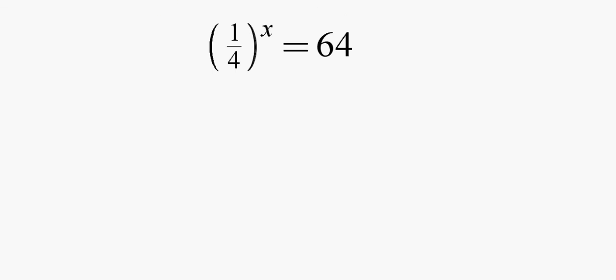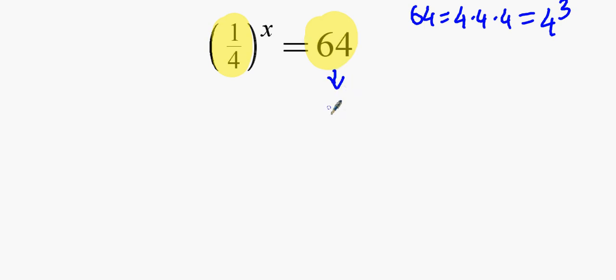Similar problem here. Now we have 1/4 and we have 64. Well, I remember that 64 is the same as 4 times 4, which is 16, times another 4, which is 64. So I can rewrite this as 4 to the power of 3. So the right side is 4 to the power of 3. Now 1/4, by the rules of exponents, is the same as writing 4 to the -1.